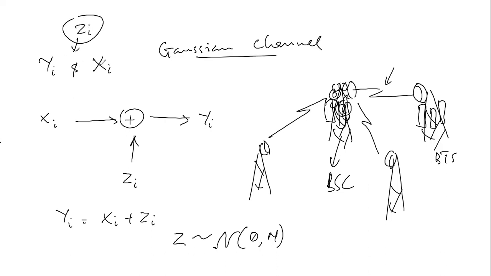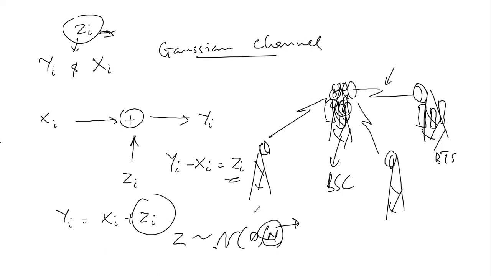So for us to be able to estimate the difference, the difference between this and this is going to give us the noise parameter, okay? Because Y sub i minus X sub i is going to give us Z sub i, okay? So that is why in this case, the variance here is to estimate the level of distortion in this communication channel model, okay?